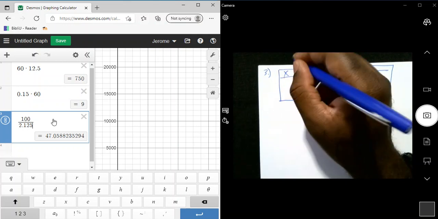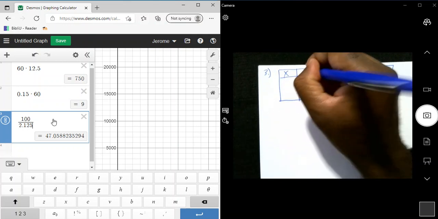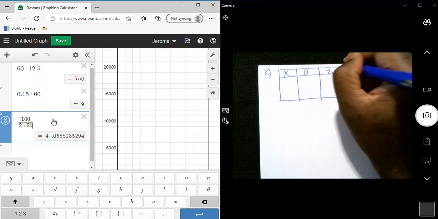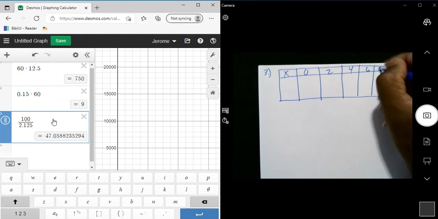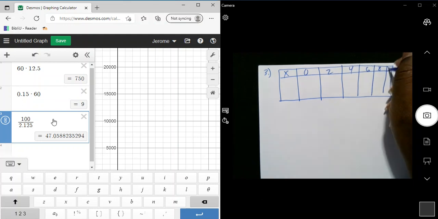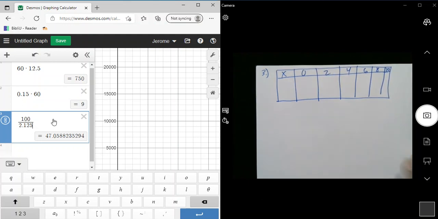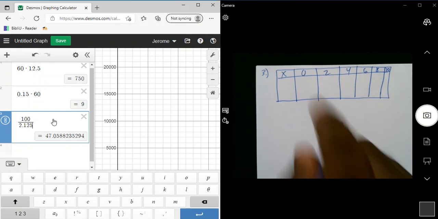So we will have X, and it'll be 0, 2, all the way to 10. I might have made that a little small, but hopefully it's not going to be large numbers.